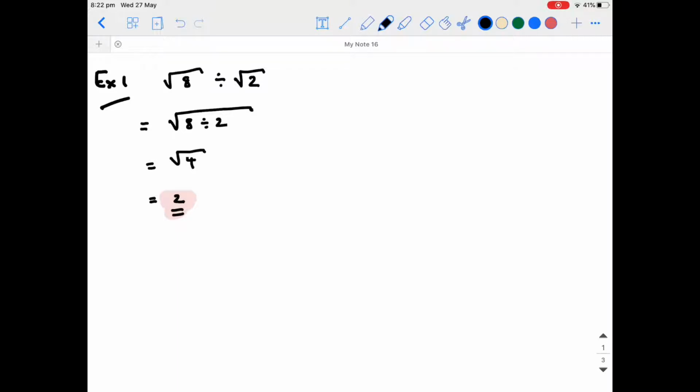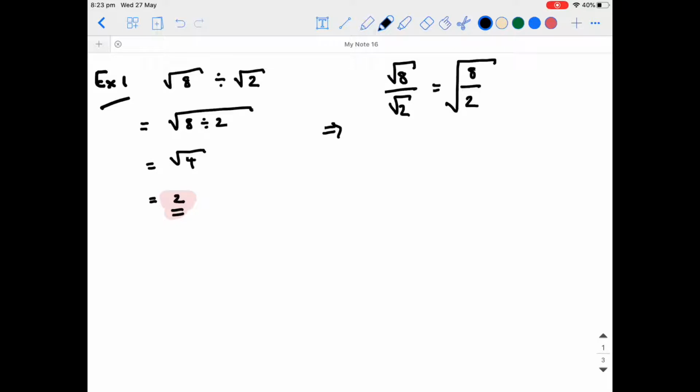Now this can sometimes be written differently, so it could be written as a fraction. Now please don't let a fraction confuse you. If we take the same example, but we write it slightly differently, let's say the square root of 8 divided by the square root of 2, we can still take it under 1 root, because we know that it can be processed underneath the 1 root sign.